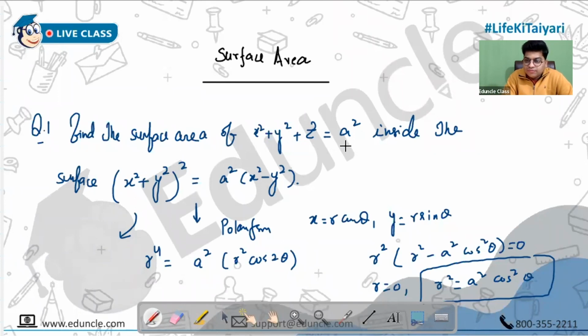Now the surface area inside, meaning this will give the boundary inside the surface of this. So r to the power 4 is equal to a square r square cos 2 theta. Okay, cos 2 theta, not cos square theta, sorry.